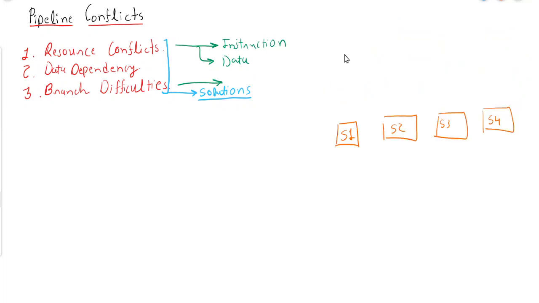Now let us start our discussion with data dependency, and what can be the solutions for it. This is normally caused whenever the output of the previous segment is used in the next segment. Let's say in the fetch operand stage one operand is being fetched.